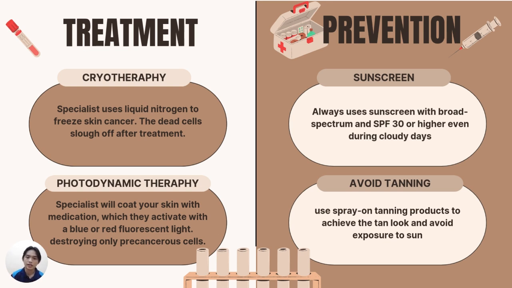So yeah, we have to use it and make sure to use SPF 30 and above because SPF 30 is a factor for sun repelling. And then avoid tanning. Of course, tanning is still considered exposure to the sun, so it still will raise the risk of getting skin cancer.